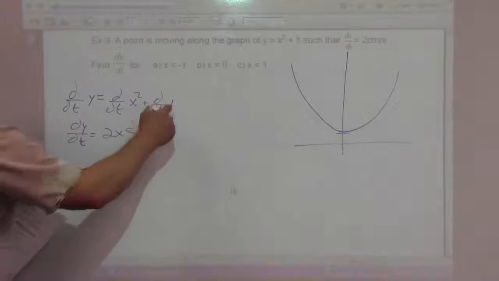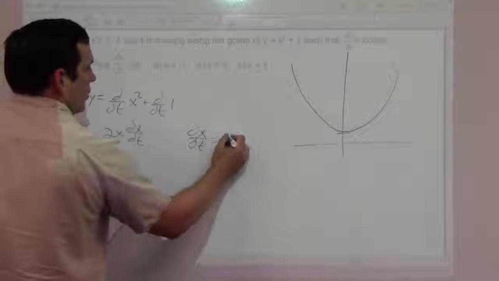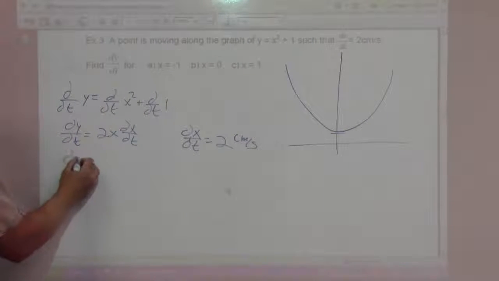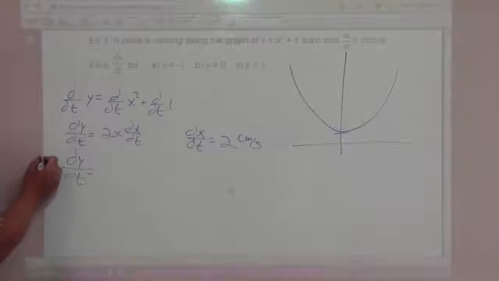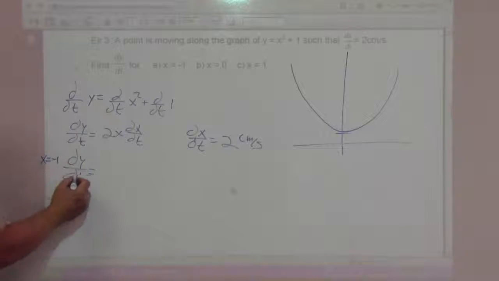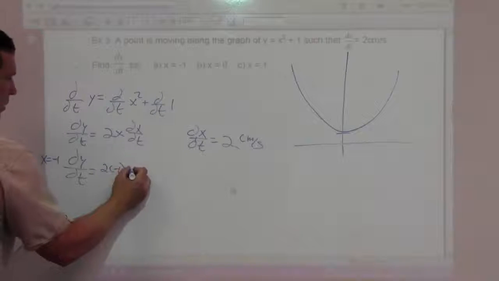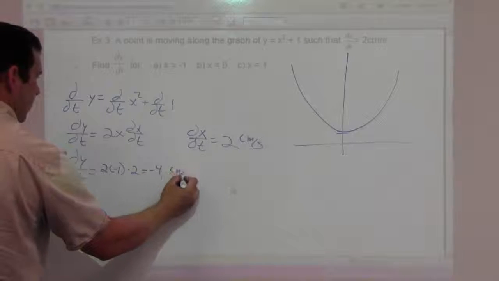Now we know dx/dt equals 2 centimeters per second. So dy/dt would be equal to, first we have x equals -1. That's going to be 2 times -1 times 2. It's -4 centimeters per second.